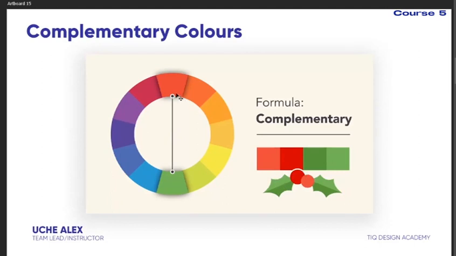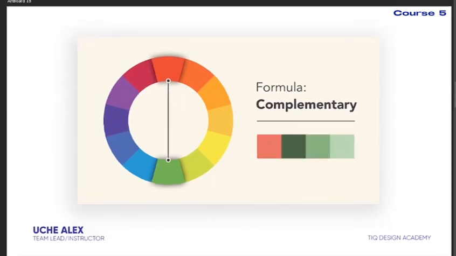So you can see how the complementary color has been used as a guide, and by adding your knowledge of tint, shade, or tone, you can play with the color harmony to get more colors. Sometimes too, you may not even use the exact color combination you pick. Like in this case, instead of using the exact shade of red and green, you can actually use a lighter or darker tone of any of the colors.